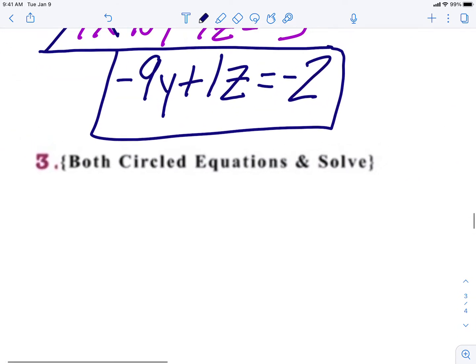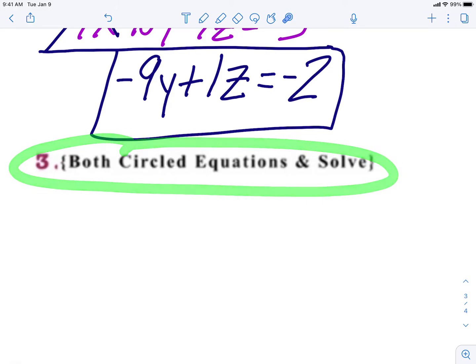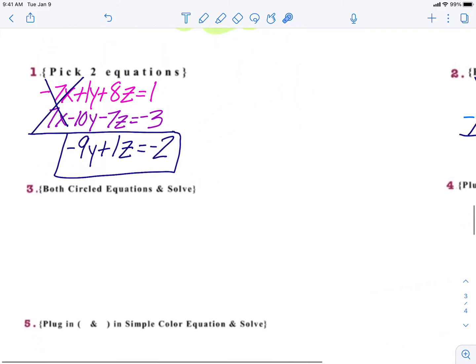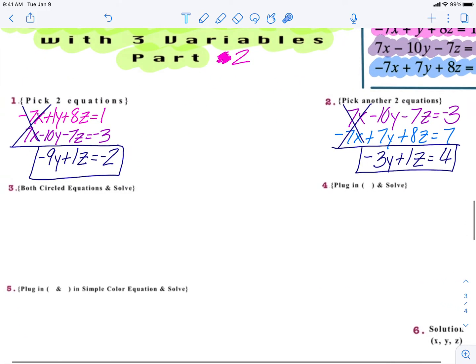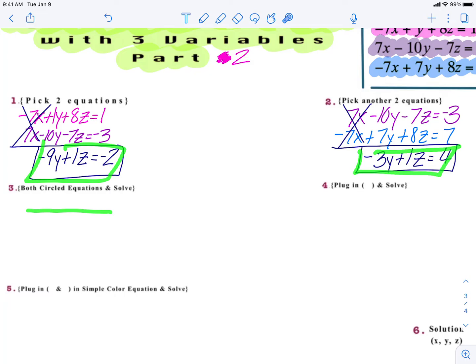Step 3. Both circled equations and solved. Well, I didn't circle them actually, I put them in rectangles. Look at this, that one and that one, I put them in rectangles. So I'm going to write this one down here, and I'm going to write this one there.